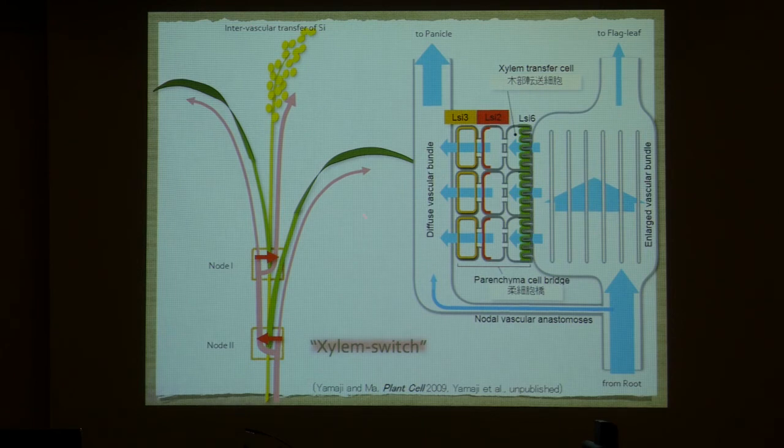So they are responsible for the intervascular transfer of silicon from the enlarged vascular bundle to the diffuse vascular bundle. If you knock out any of them, they will change the distribution, and more silicon will go to the flag leaf, less silicon goes to the panicles. So all these three transporters are very important for the preferential distribution of silicon to the panicles.